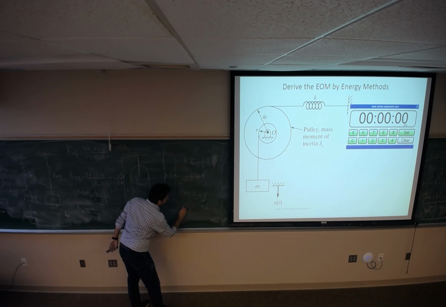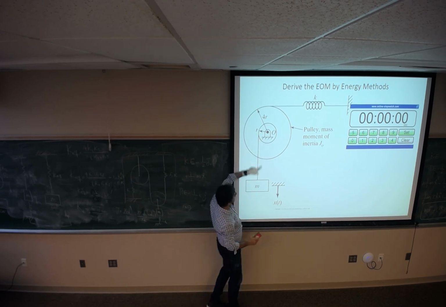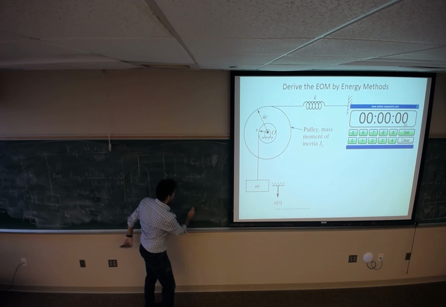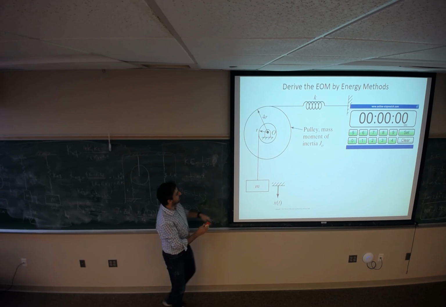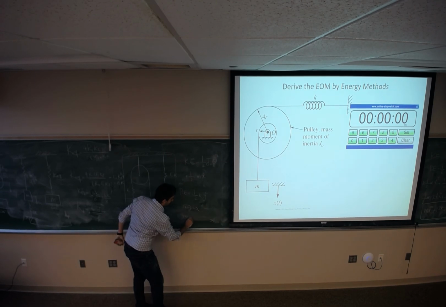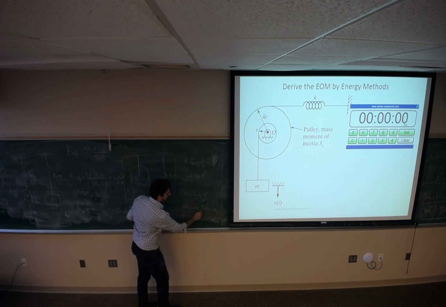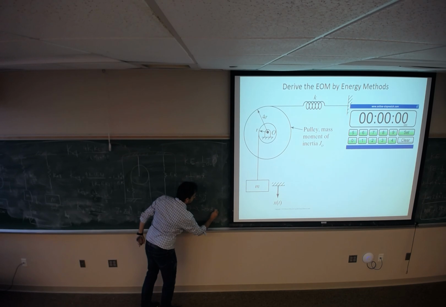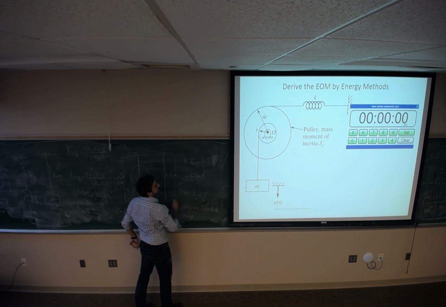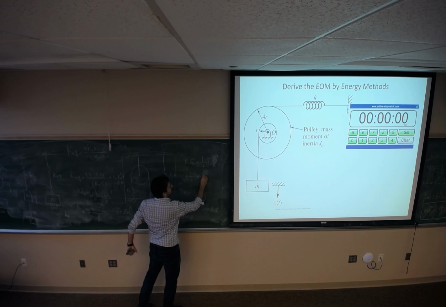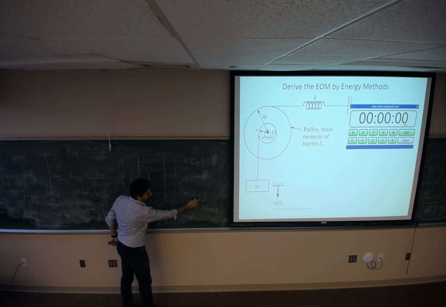R times theta tells me how much x would be, and 4R times theta is going to be y. So I can replace x dot by R theta dot, and for y square, I replace y with 4R theta.